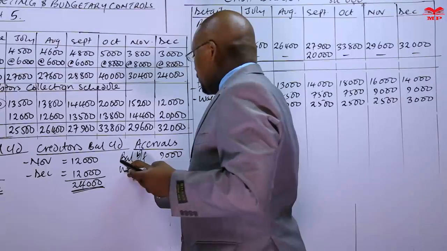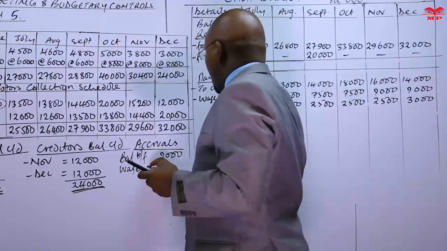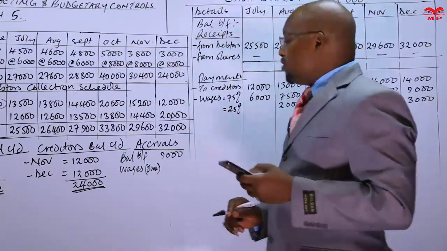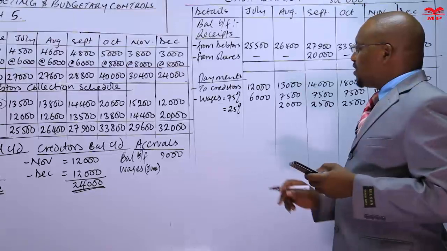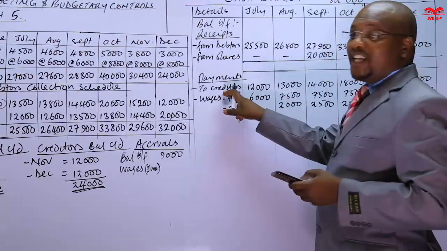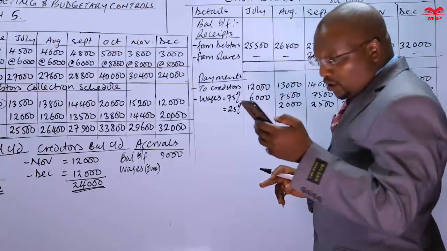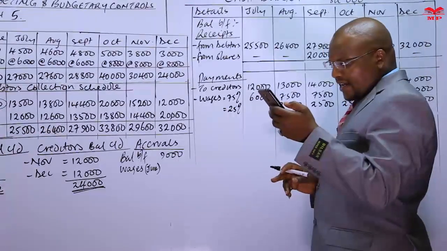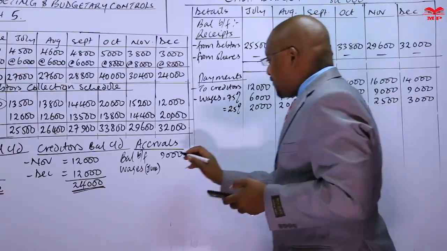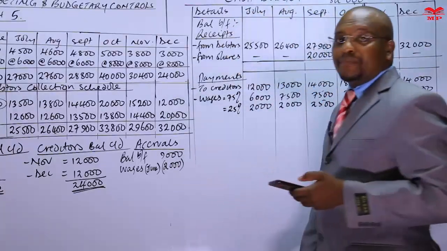First of all, we have wages for the month of June. We paid 75% in June, but 25% is to be paid in July. Wages of June are 8,000, so 2,000 is to be paid this month. Therefore we have cleared 2,000, so we need to deduct 2,000 from there.